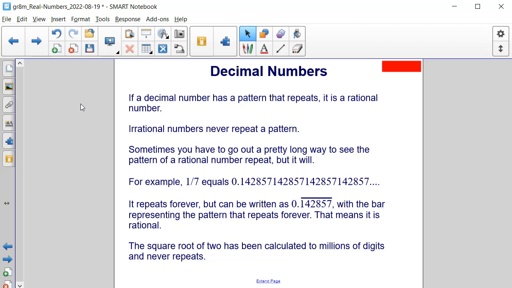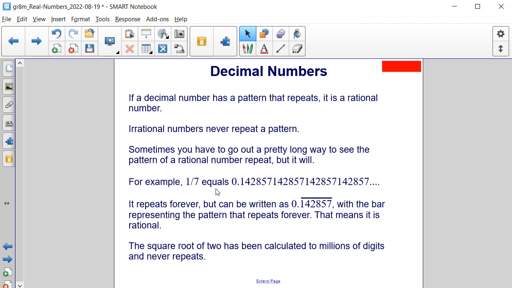Now, some of you may be thinking of longer decimals. Well, if a decimal number has a pattern that repeats, it is considered to be a rational number. Irrational numbers never repeat a pattern, and sometimes you have to go out a pretty long way to see the pattern for a rational number that repeats, but it will.